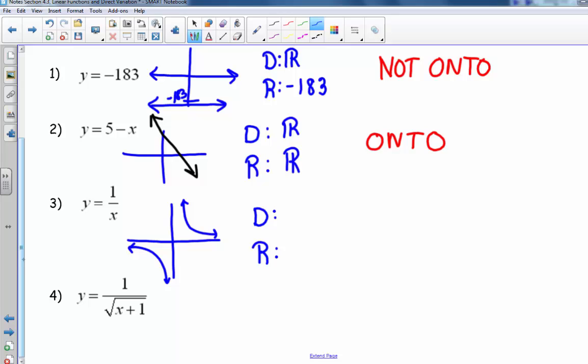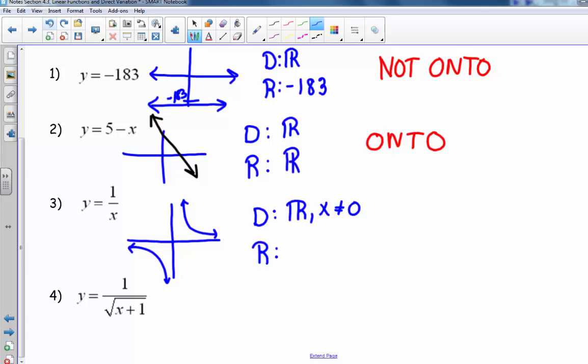Notice that if I put 0 in, I can't do that because 1 divided by 0 is undefined. So the domain is all real numbers except for 0. So just think, what makes the function undefined? 0 is the only thing, so that's what you can't have.